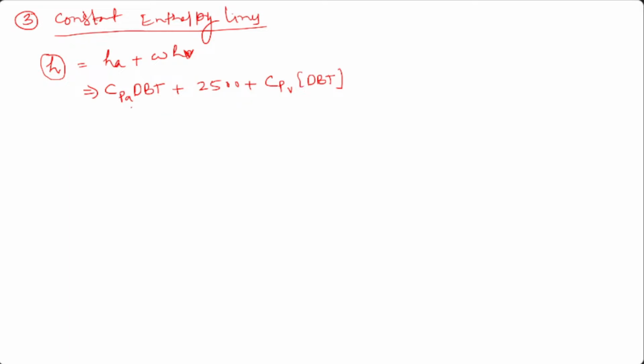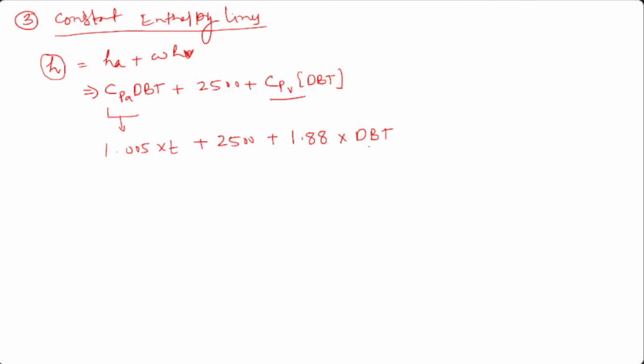Is it clear? Yes, clear. So for CPA, for the dry air, you take the CP, the constant pressure specific heat. This is your 1.005 into T plus omega times (2500 plus the specific heat at constant pressure for the vapor, which is known as 1.88, into DBT).